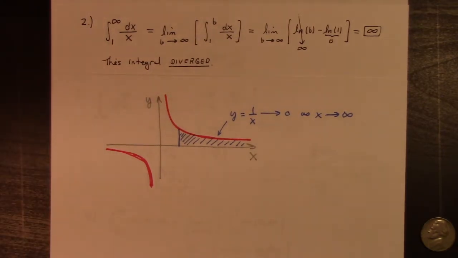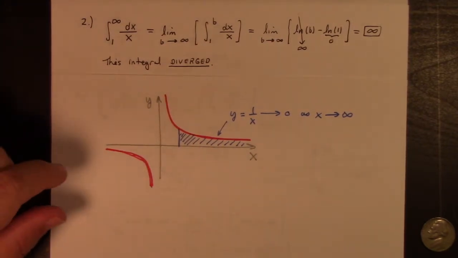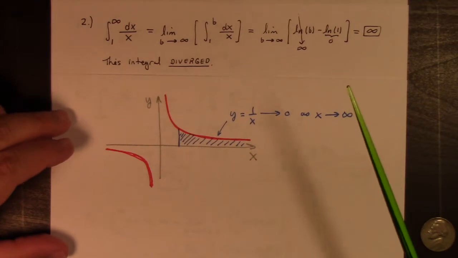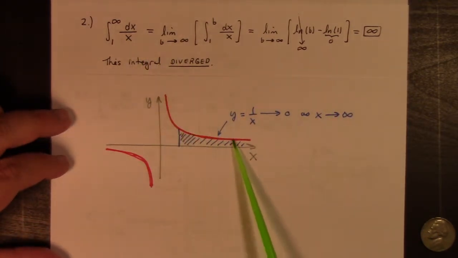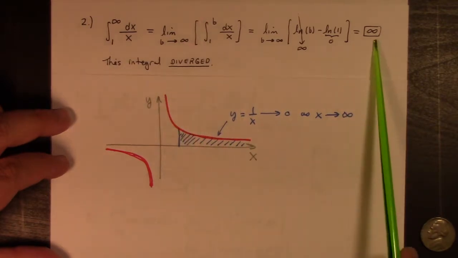So it's not enough to just go to 0, right? It's got to go to 0 fast enough such that the area is bounded. In this case, it's not. The area under the 1 over x curve from 1 to infinity is in fact infinity, as we saw.